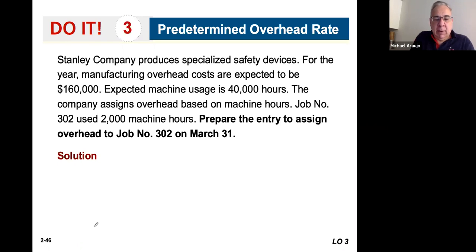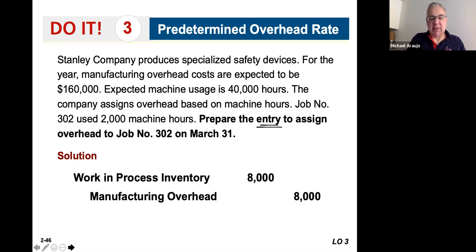All right. The last thing it wants you to do is to actually prepare the journal entry. Ooh, you might remember this, right? So in this case here, we are allocating money from our manufacturing overhead costs to work in process inventory.